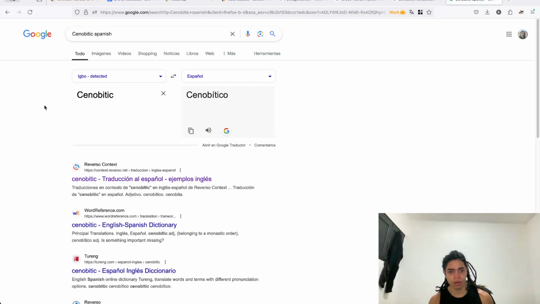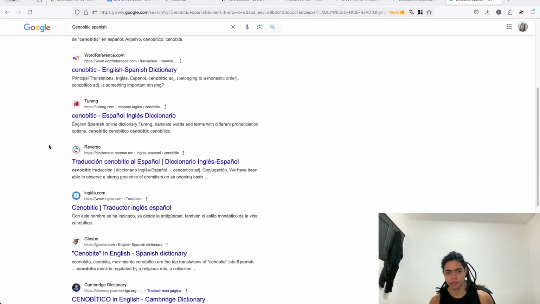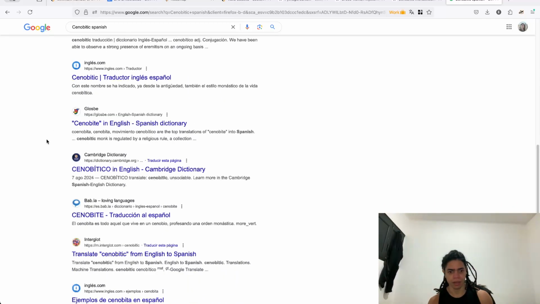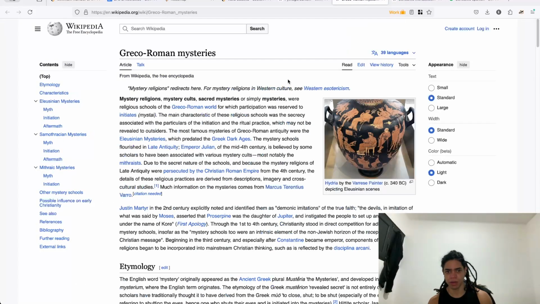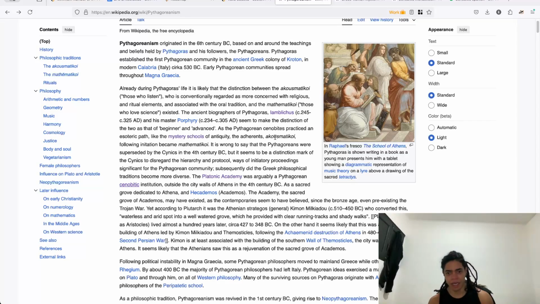Cenobítico. This is the first time that I hear about this word. Cenobite. But these were people that were dedicating their life to that.